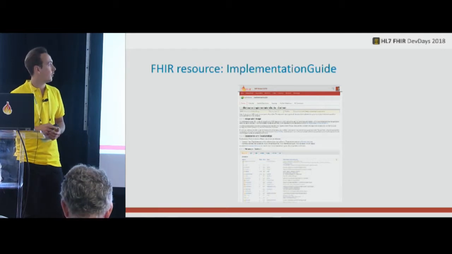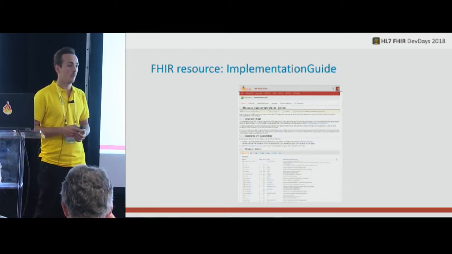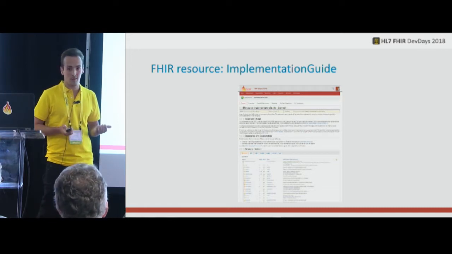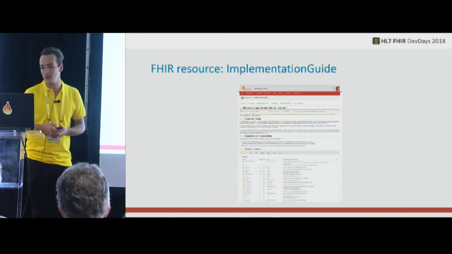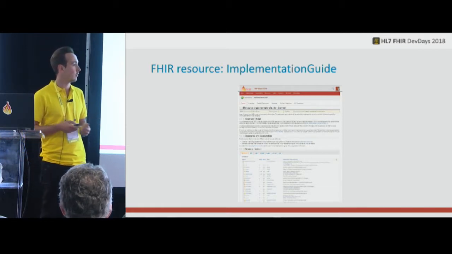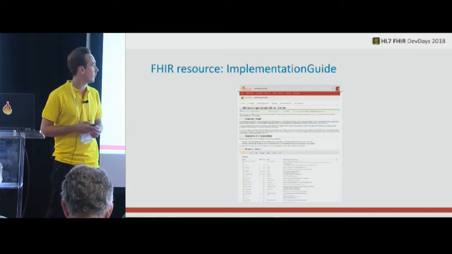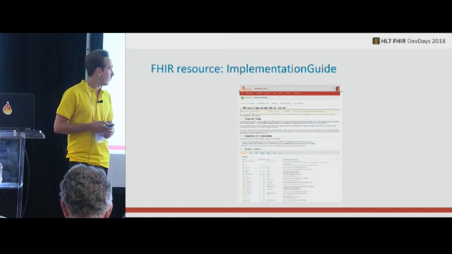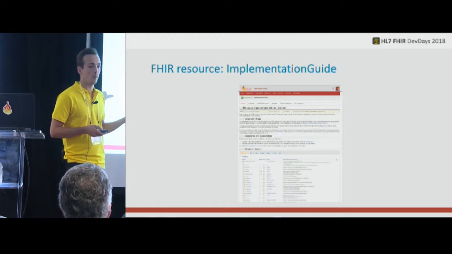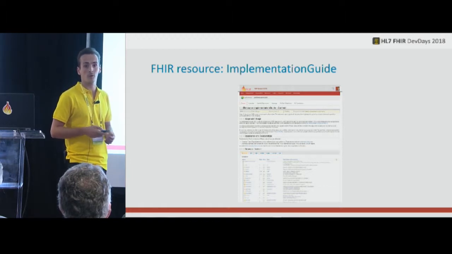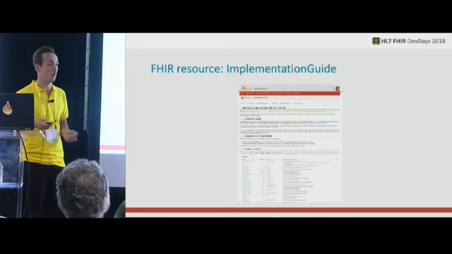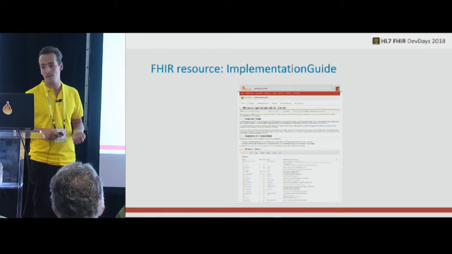So to clarify, we're not talking about the FHIR resource ImplementationGuide. That's a guide of a more technical kind, which is used by a couple of tools, and you can describe in a structured way how things are related, but that's not what we are talking about. Tomorrow we will go a little deeper into this resource as part of the tutorial about implementation guide tooling, but for now we're talking about the human readable form of an implementation guide.